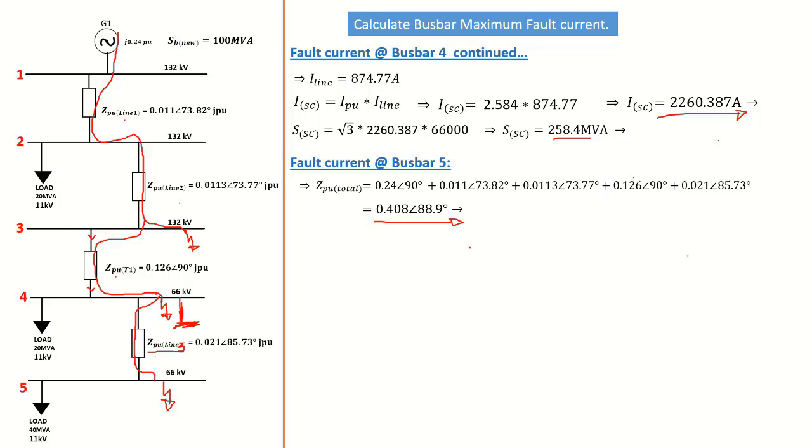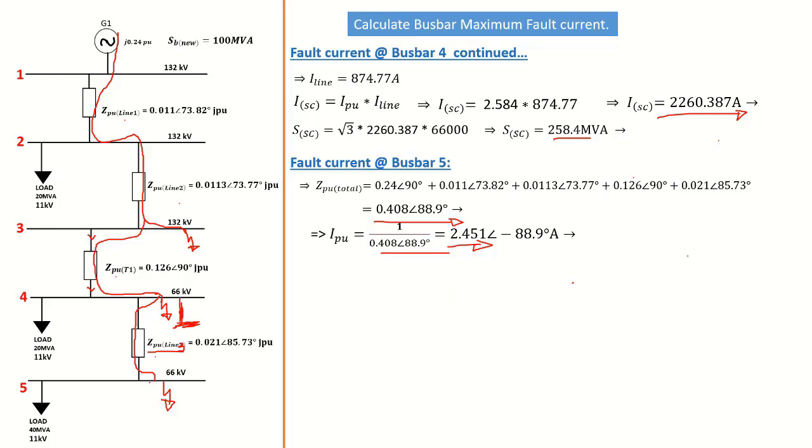This Z per unit total will then be used in the I per unit formula, which is 1 over Z per unit total, and that gives us a current of 2.451 with an angle of minus 88.9 degrees. So that is the value of the I per unit up to this point.